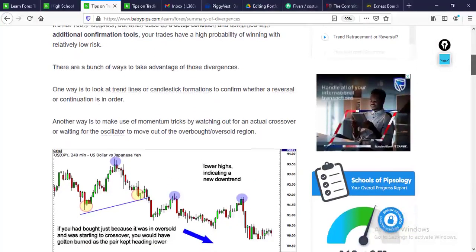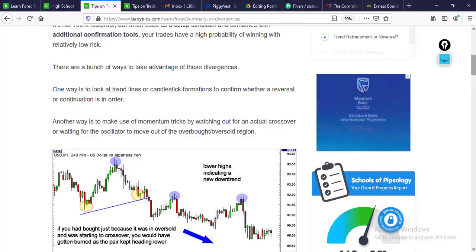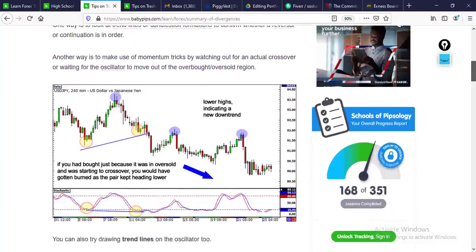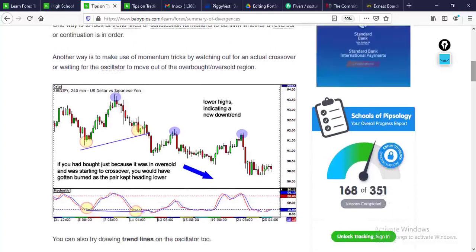However, there's a way to be more advantageous in trading divergences, and one way is to look at trend lines or candlestick formation to confirm whether a reversal or continuation is in order. Another way is to make use of momentum tricks by watching out for an actual crossover or waiting for the oscillator to move out of the overbought or oversold region.